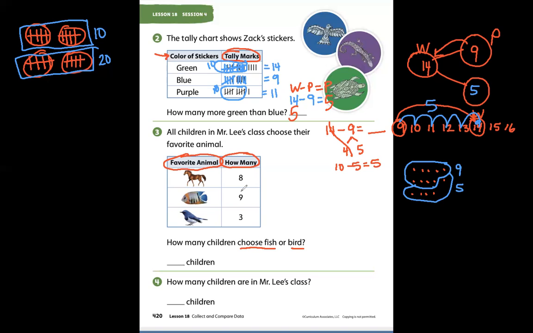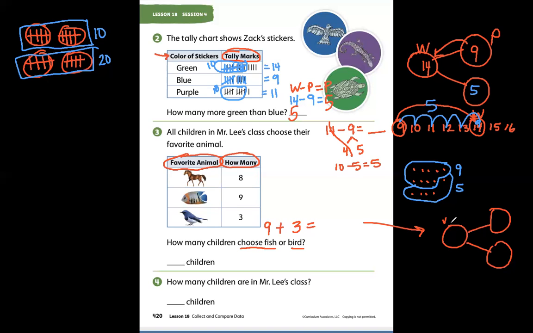So there were 9 that chose fish. So I'm going to put 9 above the word fish. And 3 that chose bird. How many children chose those? We have to put those two groups together. So 9 plus 3 equals what? And just like I did before, I like to make number bonds.